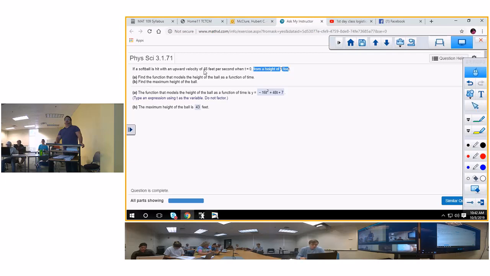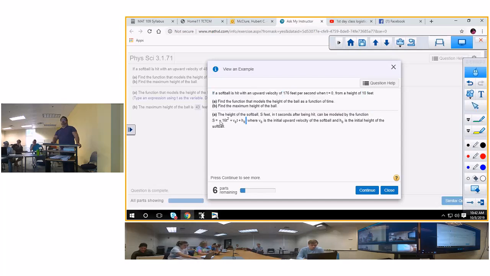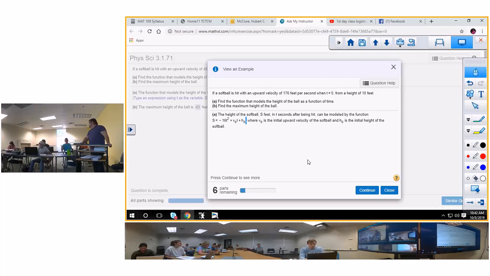A softball is hit with an upward velocity of 48 feet per second when t is equal to 0. They've got to give you more than that. They left out the thing that you're supposed to know, and that is the projectile formula. So write that formula down. That's basically just something we're going to have to know.